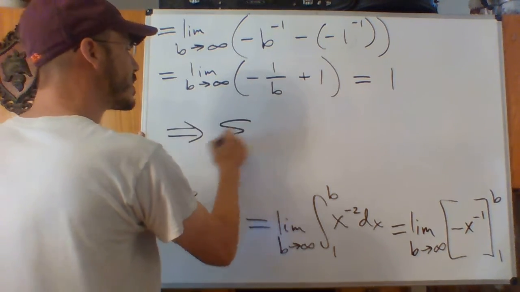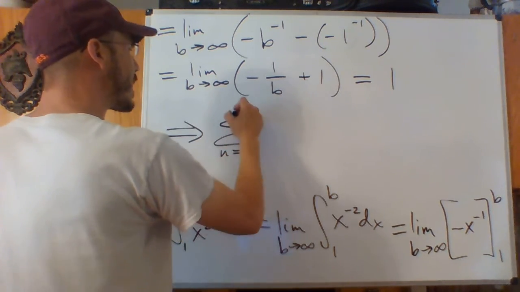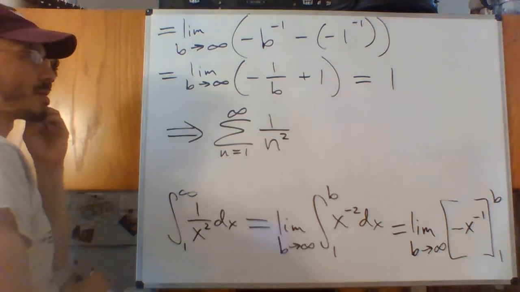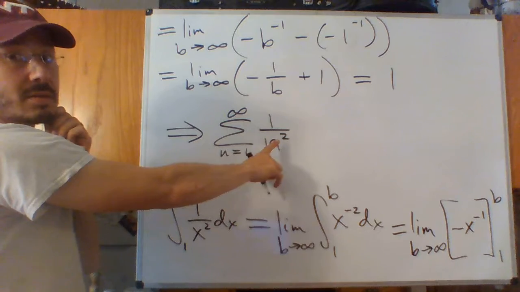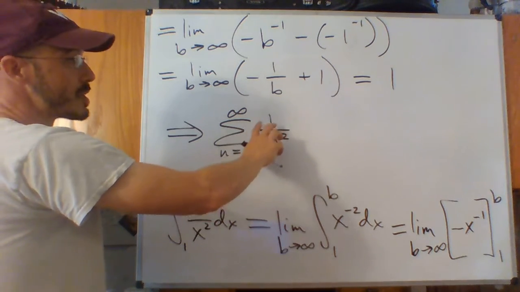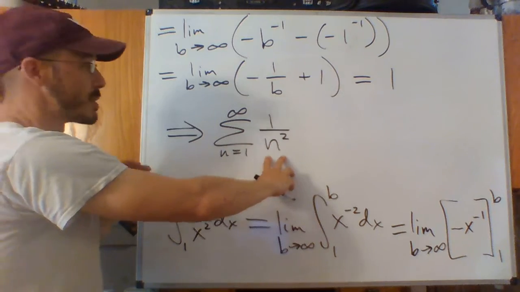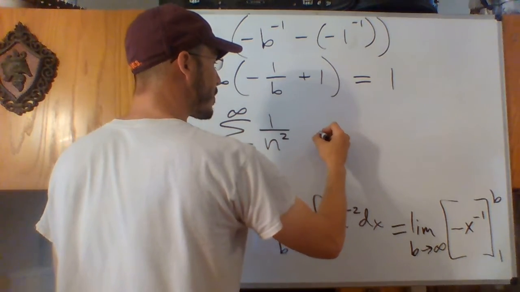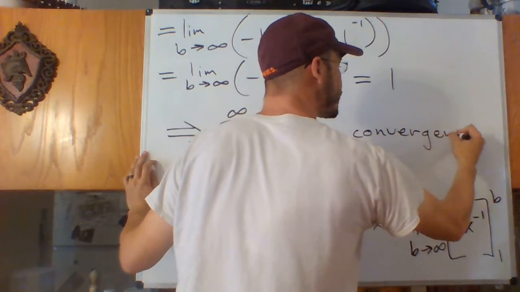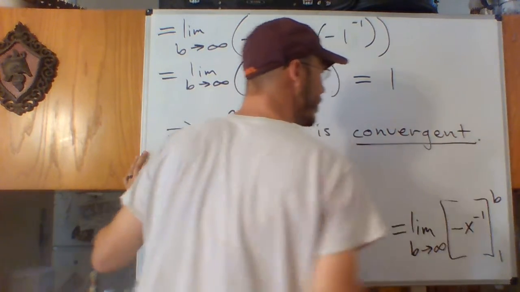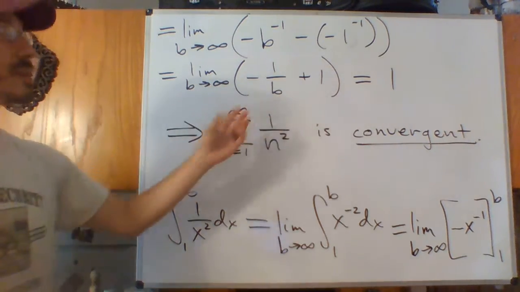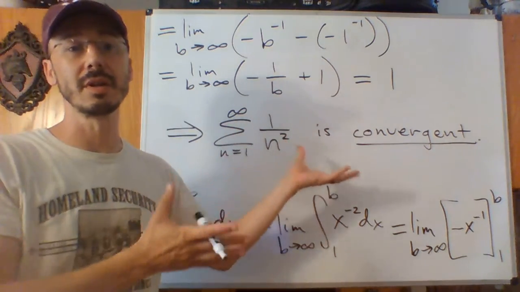So what this implies is that the series that we were looking at, the sum of 1 over n squared, so not the harmonic series, these n's are squared, the sum of the reciprocals of the squares, is convergent. And that's the kind of thing that we want to find from the integral test. Either it's divergent or convergent.